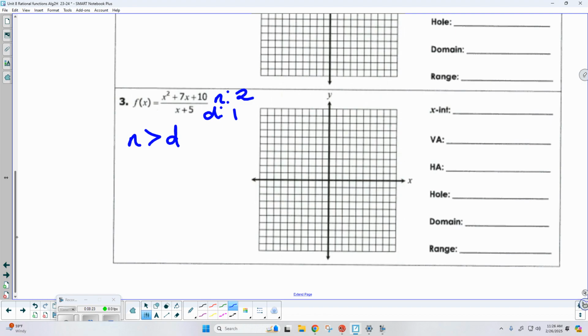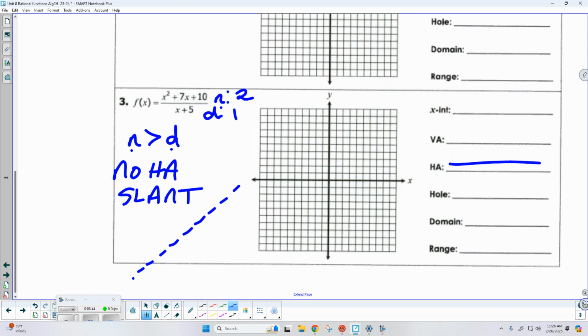Yes or no, is there a horizontal? Okay, Jackson's saying no. He's absolutely right. If the numerator's degree is larger, there's no horizontal asymptote, but there will be a what? There will be a slant. Okay, so I don't know if it's going to be positive or negative, but basically you're going to have a diagonal asymptote.